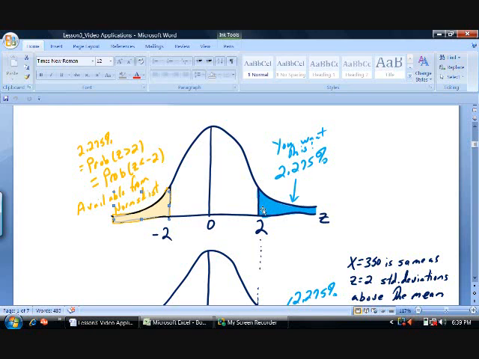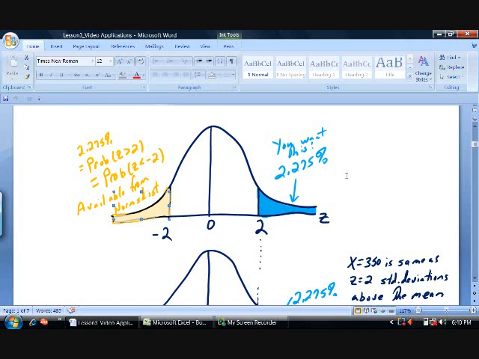What I can do instead is plug in a z value of minus 2, and because the distribution is symmetric, the probability of getting a lower tail, a value less than minus 2, is equal to this upper tail probability of getting a value greater than 2.